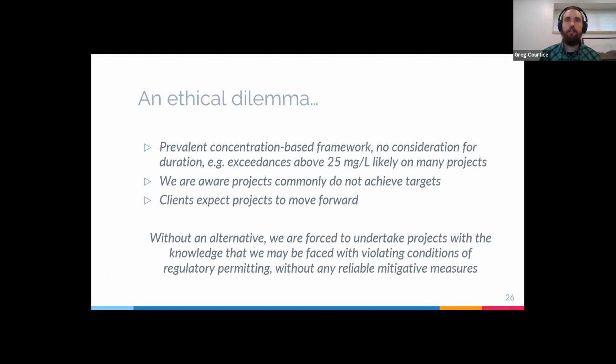And clients expect us to move forward with projects, even though we don't really have an alternative right now. And so we're faced with possibly violating conditions of our permitting without any way to solve that issue.